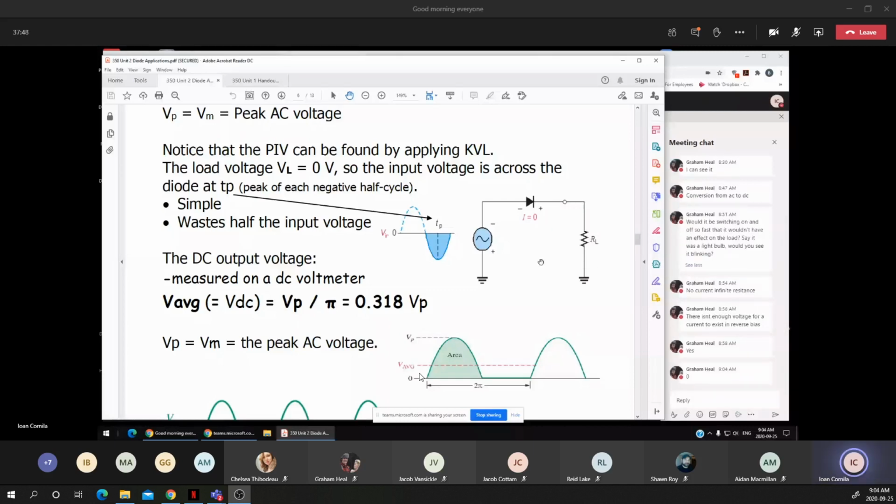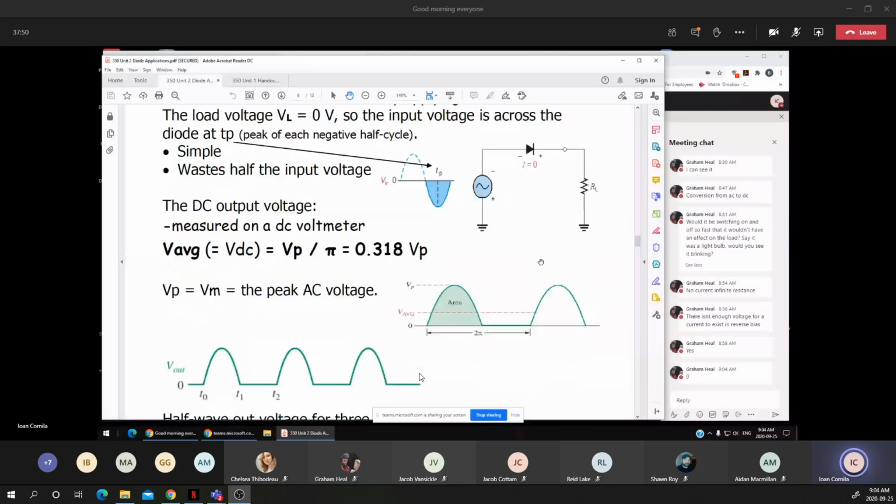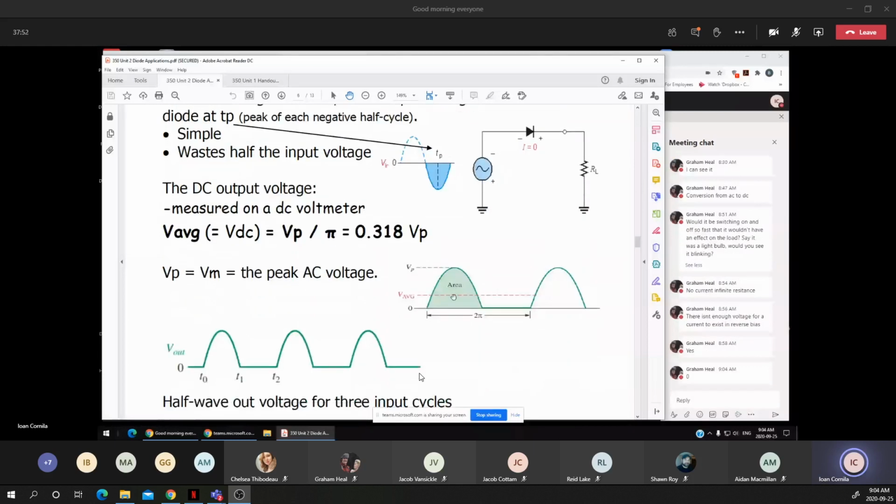Now, if the voltage is 0, I'm looking to determine the area, or the average voltage, across a full period. Remember that a full period is 2 pi. But for the second half, the negative side of the sine wave was removed from the graph.